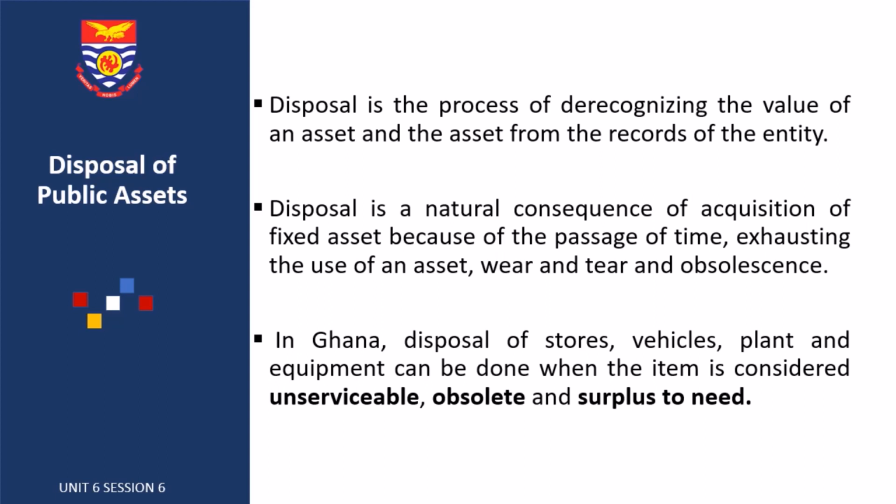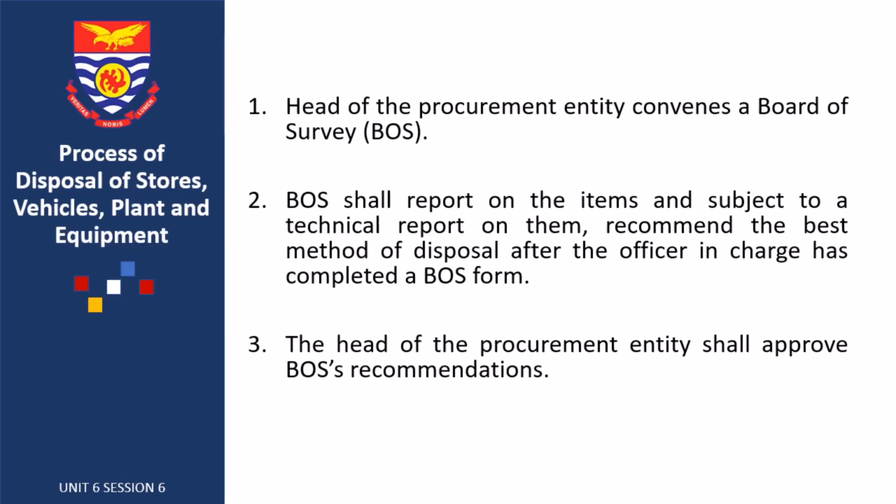And an asset becomes surplus to need when it has not been used for a period in excess of 2 years, right? So this is a situation whereby we consider an asset to be unserviceable, obsolete, or surplus. When such things happen, these assets are considered for disposal by the public sector entity, right?